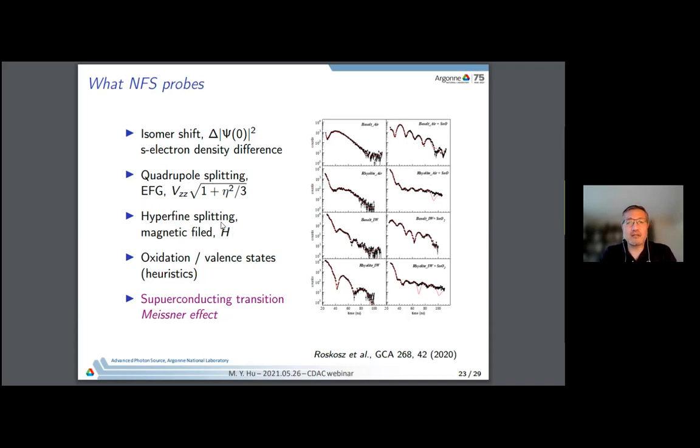And then the hyperfine field, the magnetic hyperfine splitting, that's obvious. So, talked a lot. Another aspect is that this forward scattering, or this Mössbauer spectroscopy, can give you the oxidation state, valence state.